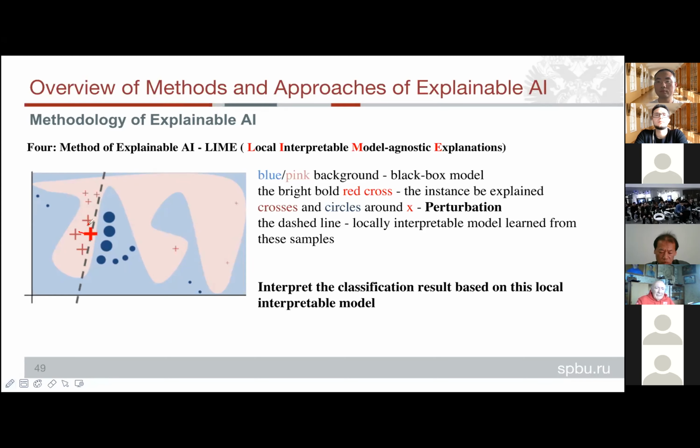And the dashed line is the locally interpretable model learned from these samples. The classification result can be explained based on this local interpretable model.